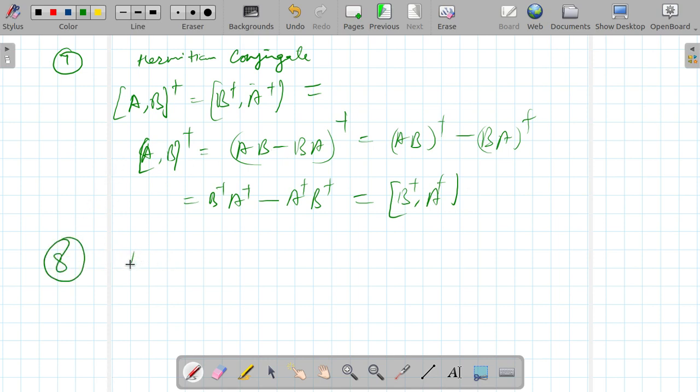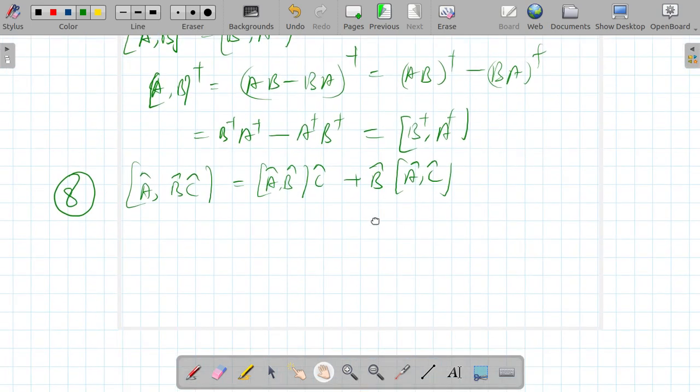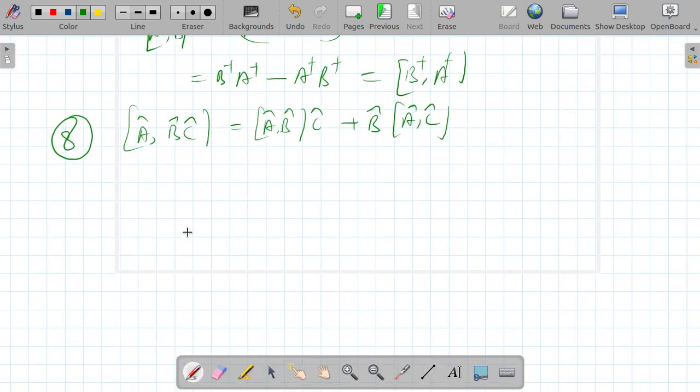Then if I am having the commutator [A, BC], it can be written as [A, B]C plus B[A, C]. Let me try to prove it.